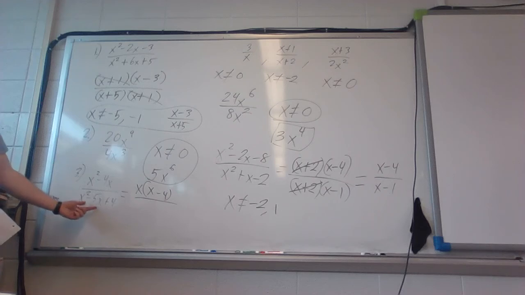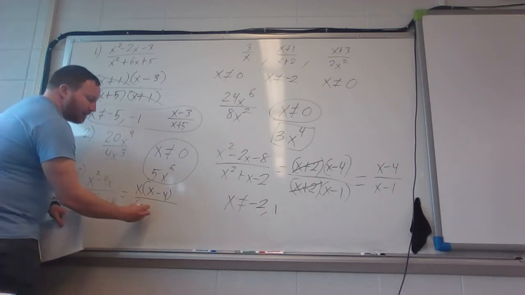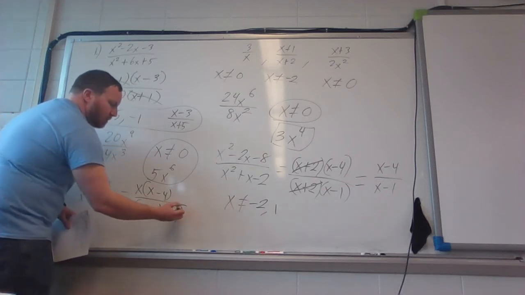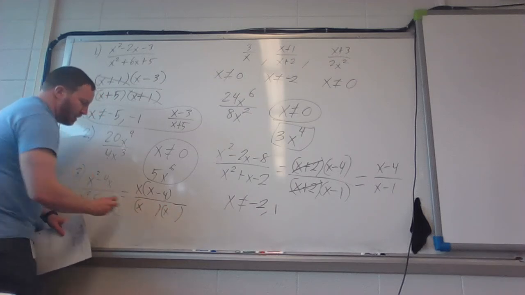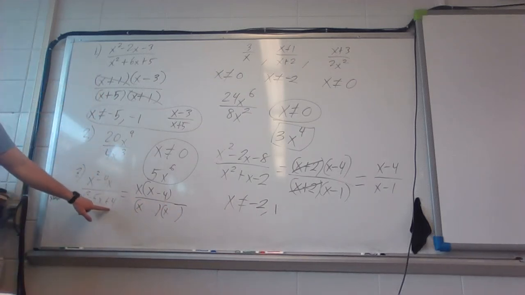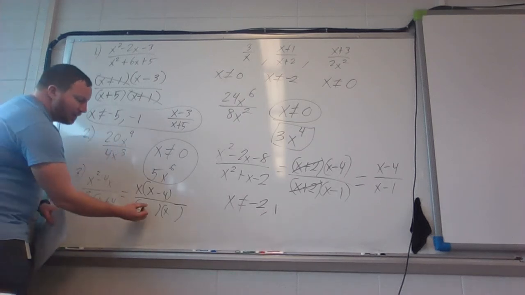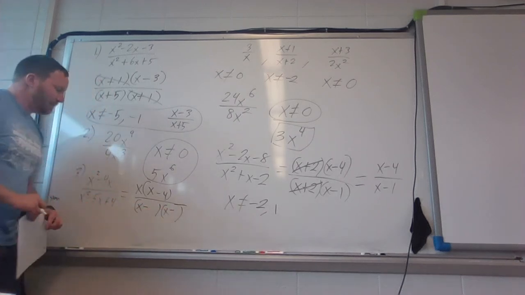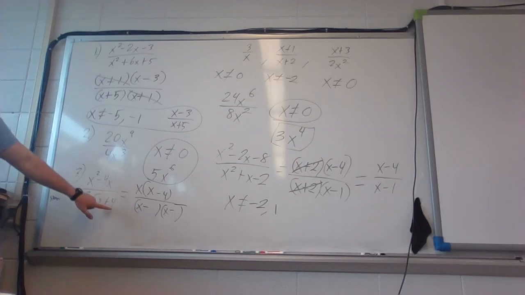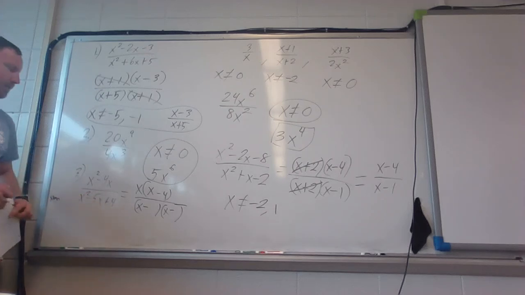And then our denominator, so we can factor that as well. I have a positive c value, so I'm going to use the same sign as my b value. It's negative. So a minus and a minus. So what two numbers multiply to get 4 and add together to get 5?